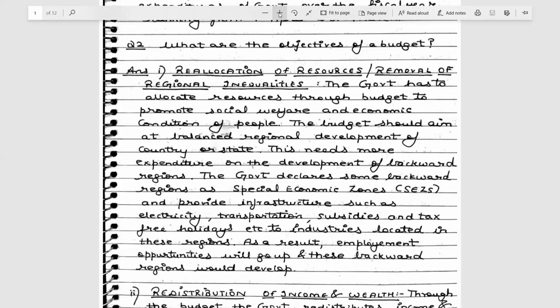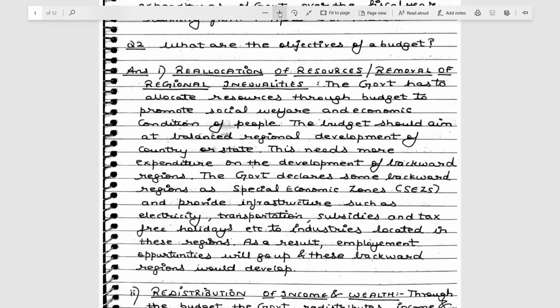The government charges a lower tax in special economic zones as compared to other regions. The government also provides infrastructure facilities like electricity and transportation. All these are done to promote production and employment in special economic zones. Because the more production there is in these zones, the more our exports will increase to the rest of the world.